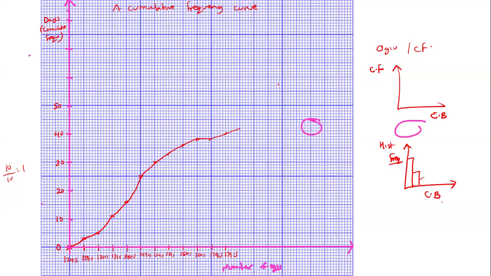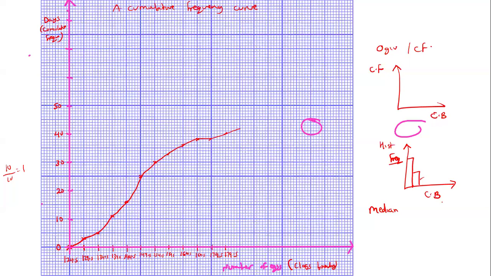Yes, Nicole? So when we are doing the Ogive curve, are we supposed to plot the cumulative frequency against the lower class boundaries or the upper class boundaries? It is just against class boundary. I know you are used to upper, but use upper.